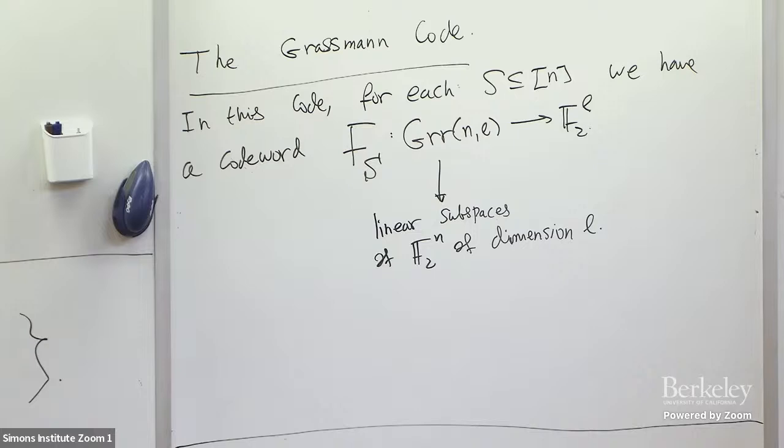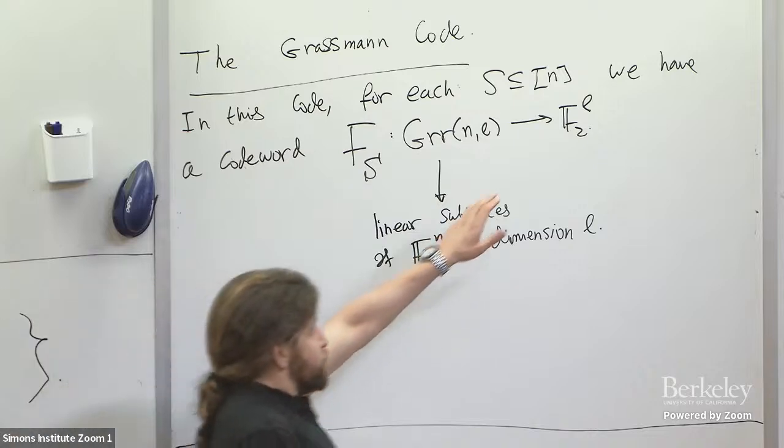And I'm going to identify linear functions with some vector that specifies it, so I'm going to think of the output as some vector in F2 to the N.